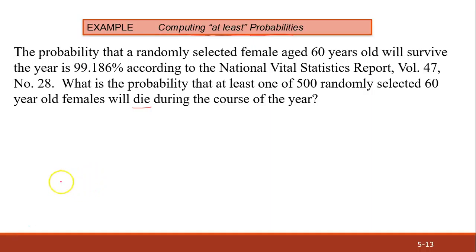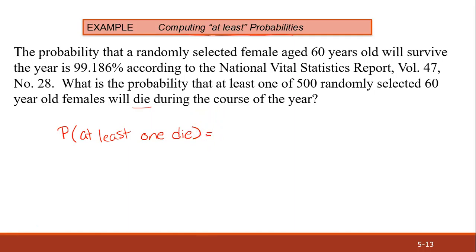Okay, so this is how you would compute that with the at least probability. So the probability that at least one dies, sorry for the morbidity here on this problem. It's just a problem that came with this lesson.